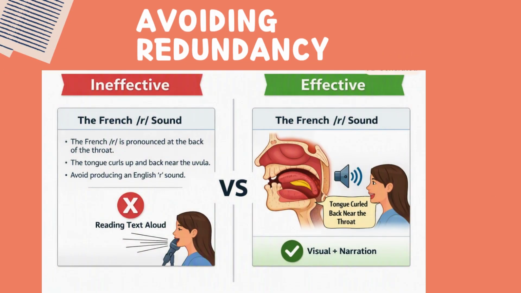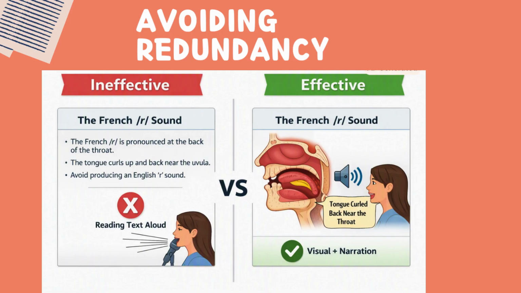Avoiding redundancy. On the left side, where it's written ineffective, it shows a teacher who is reading text out loud. That is, we have the lesson, the French R sound, we have those bullet points, and the teacher is reading that text out loud.